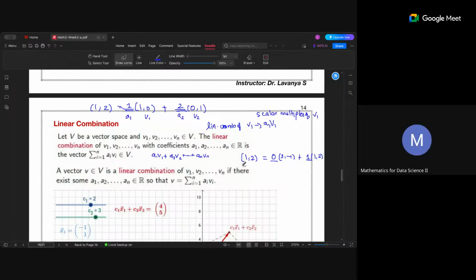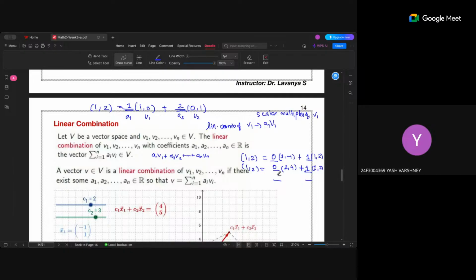Another question, let me ask the same v1, v2. We can do 0 and 1, and here also 0, 1 is one possibility. Are there any other possibilities?